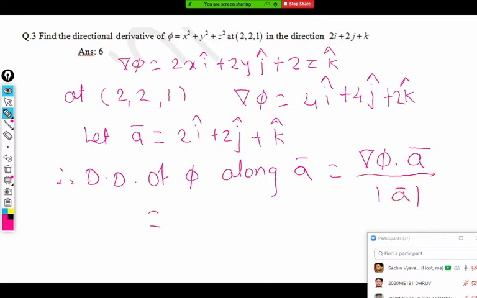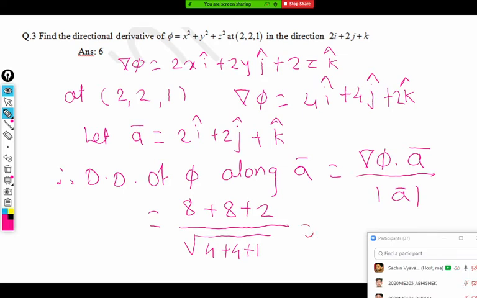So a1 b1, 4 into 2 is 8, a2 b2 again 8, a3 b3 is 2, divided by the magnitude of a, root of 4 plus 4 plus 1. Check whether the answer is 18 by 3, and the answer is 6. So 6 units is the component of the directional derivative along that vector a bar.